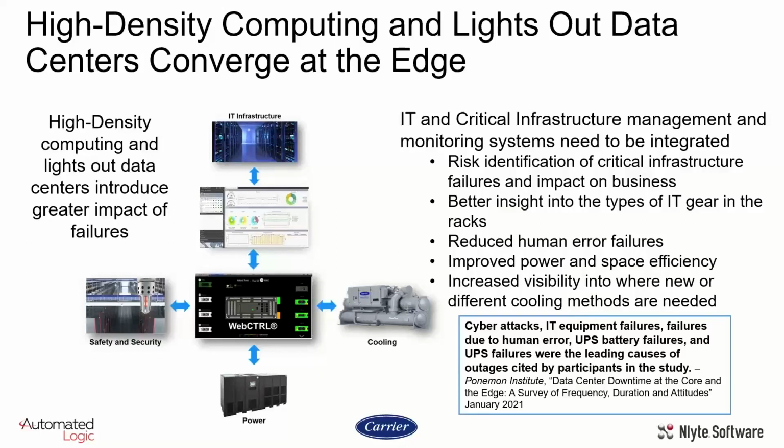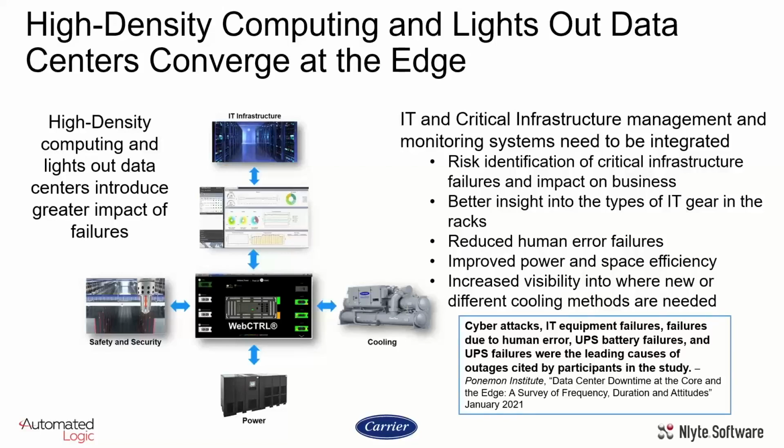Another good thing about lights out data centers in particular is the reduction of human error failures. A recent survey done by the Ponemon Institute in just January of this year cited failures due to human error, along with cyber attacks, IT equipment failures, and UPS failures, among the top five leading causes of outages cited by participants in the study.